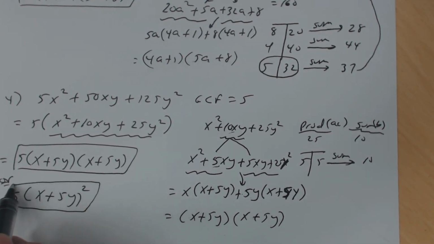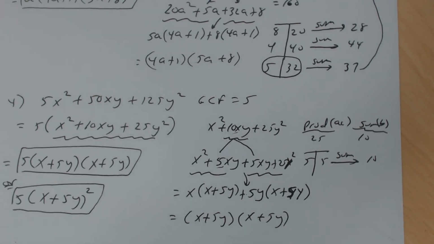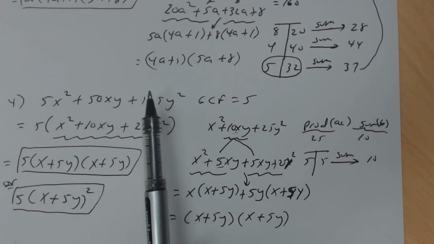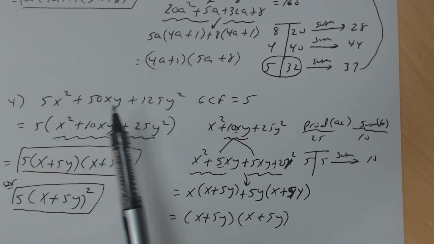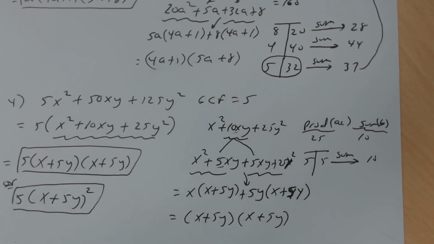And so either one of those is your answer. Okay, so that is the end of that section. So you should have enough information now to be able to factor by grouping using the AC method when the GCF is 1 or when the GCF is not 1. Okay?